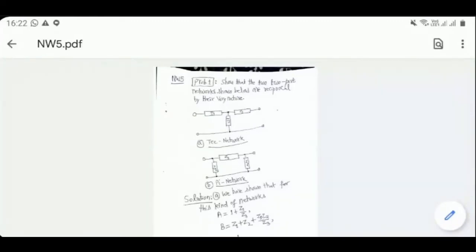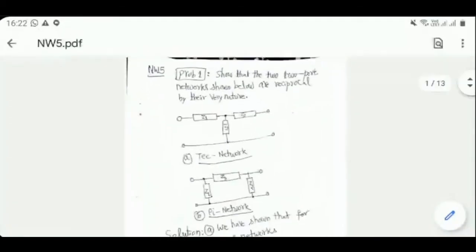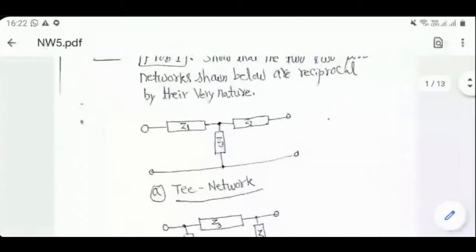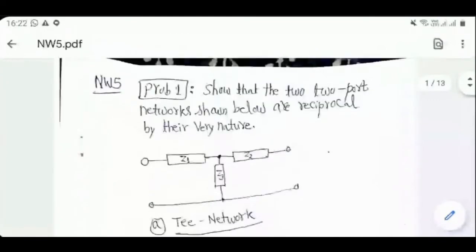Before we do that, let's look at one more problem. Show that the two networks shown below are reciprocal by their very nature. These are networks that we have considered in the previous problem. One is a T network, the other one is a pi network.